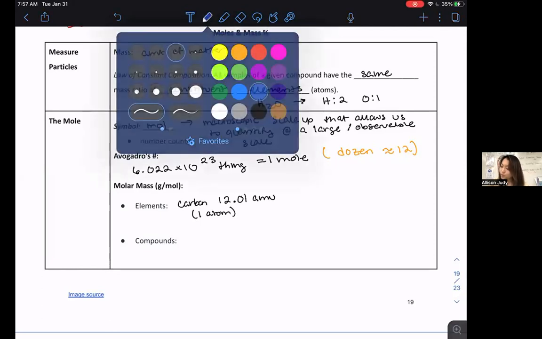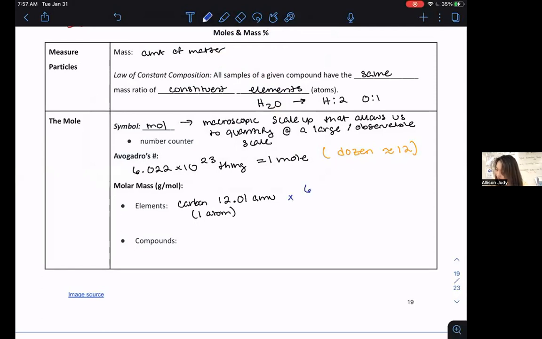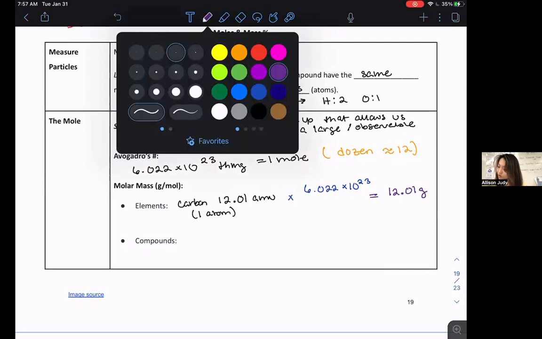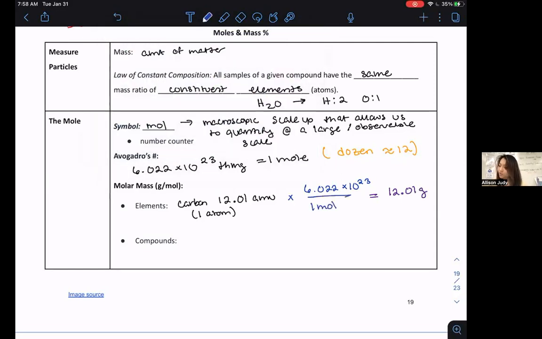But then if I were to use the mole and scale up by 6.022 times 10 to the 23rd, what I would find is that if I put 6.022 times 10 to the 23rd atoms of carbon in a container, my mass scales up to a measurable amount, specifically 12.01 grams for 1 mole of that.